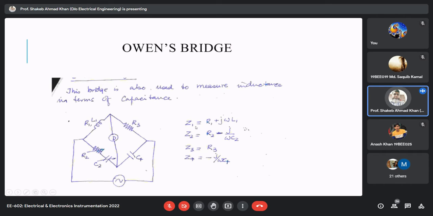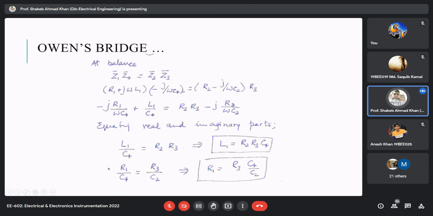Anyway, the steps remain the same: we wrote the arm impedances, and then we put these arm impedances into the balance equation. And then finally you can see that out of this impedance balance equation we are getting two balance equations. From one we get the value of the unknown inductance, and from the other we get the unknown resistance of the coil.